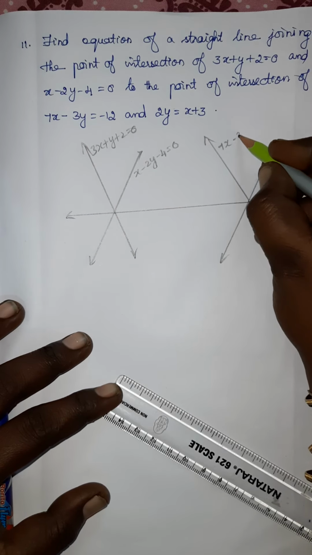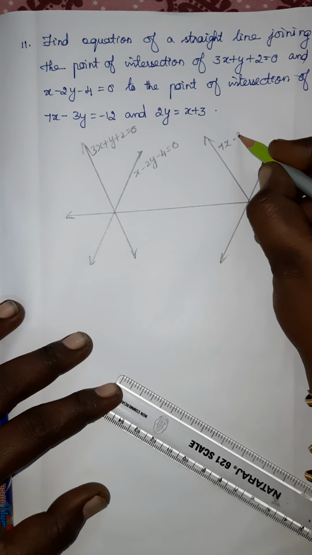Okay, this we can write down, and consider this is equation number 1. This x - 2y - 4 = 0 is equation number 2. So we can solve and find out the point of intersection.